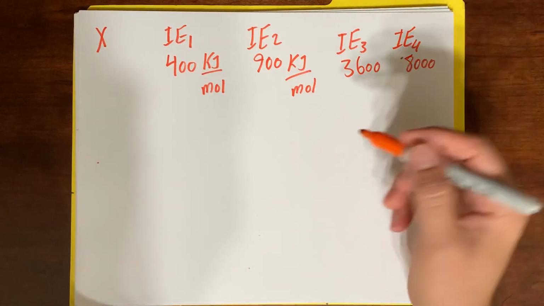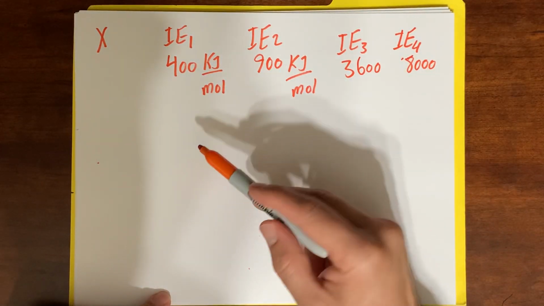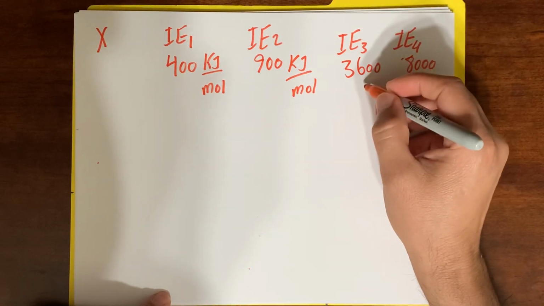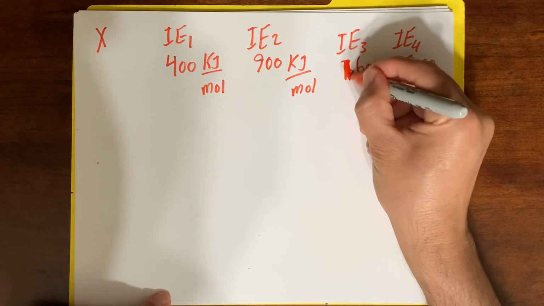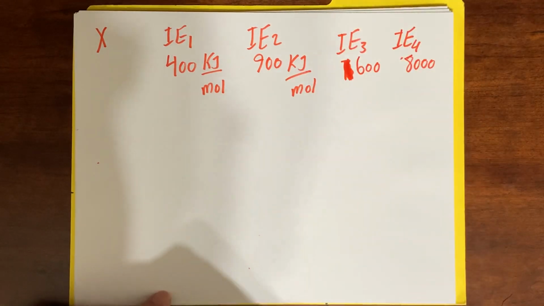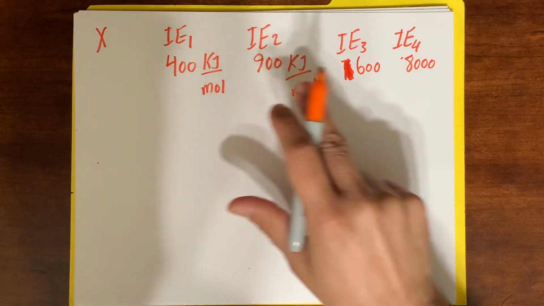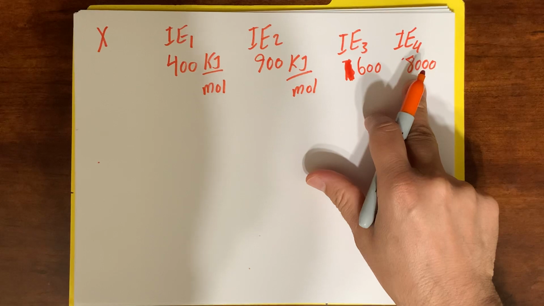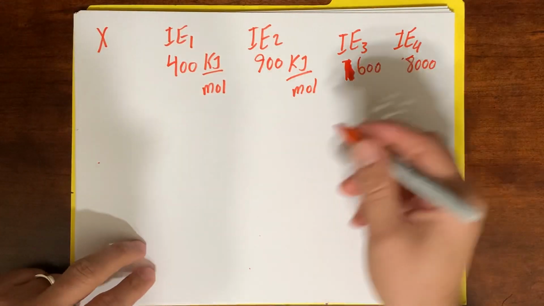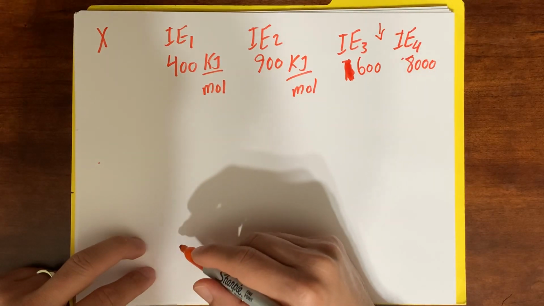You know what, I want to see a huge jump. So we have 400, 900, 1600, and this one is 8,000. So I'm going to say the gap is between the third and the fourth one.